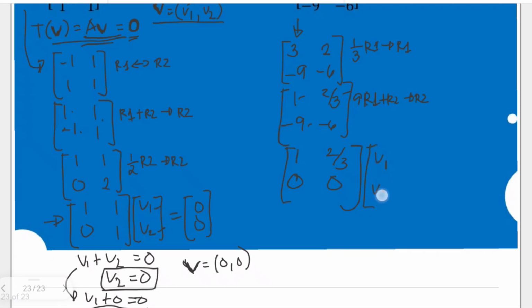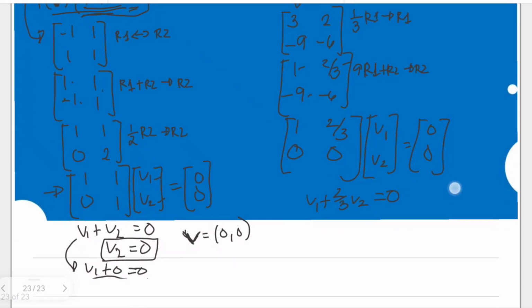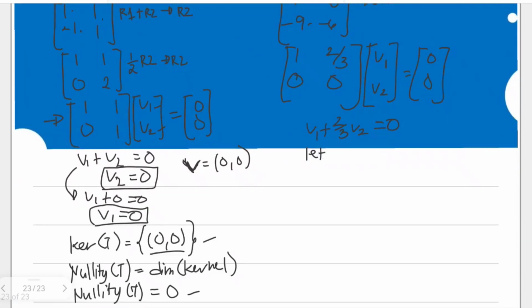Let's multiply by v sub 1 and v sub 2, and equate this to the zero vector again. We only have one equation here: v sub 1 plus 2/3 of v sub 2 equals 0. We have two variables in one equation. This means we can let one of the two, specifically v sub 2, be an arbitrary constant t. Then v sub 1 plus 2/3 of t equals 0, so v sub 1 is equal to negative 2/3 of t.